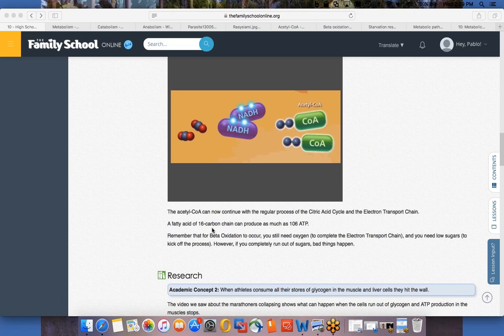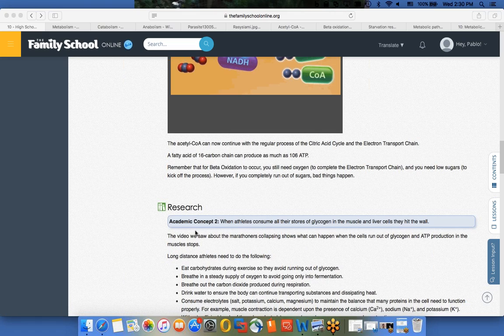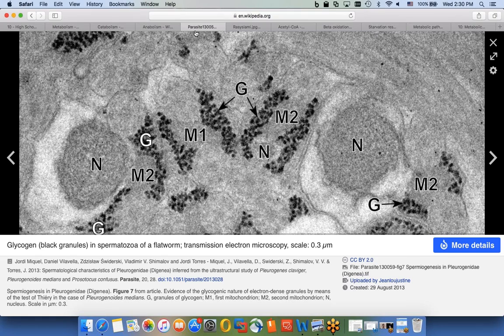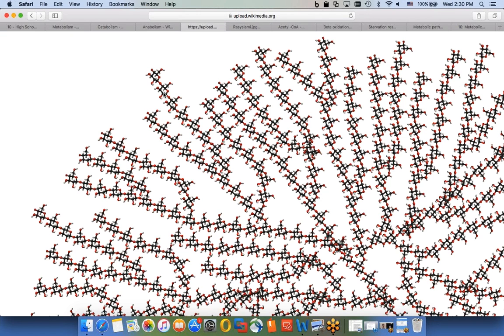Because remember, how many carbons were in the glucose molecule? I can't remember. It's just 6. It was just a ring with 6 carbons and one sticking out. So we can see it here. In here you see the little pieces of glucose.